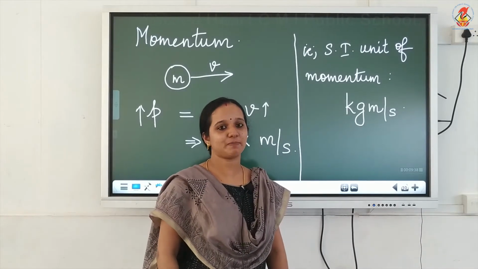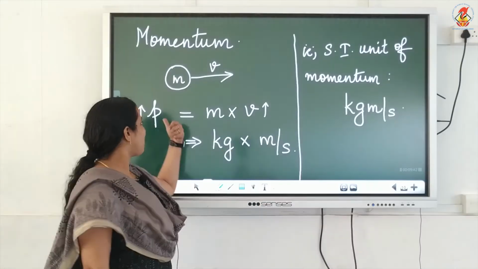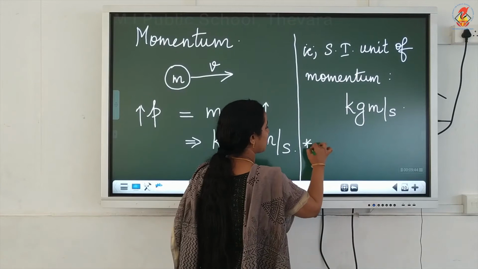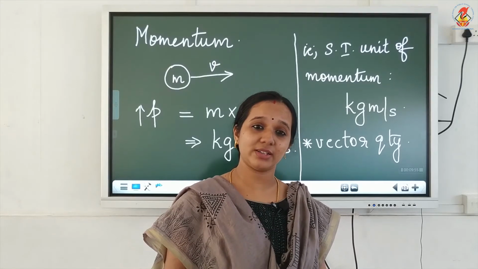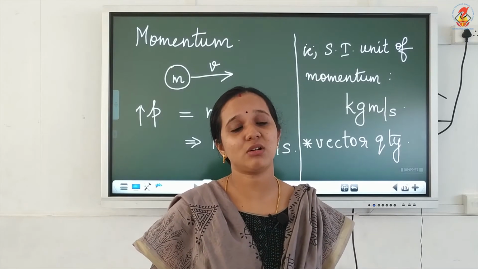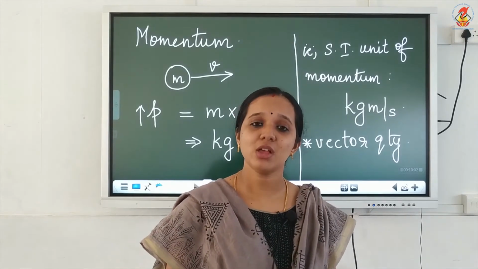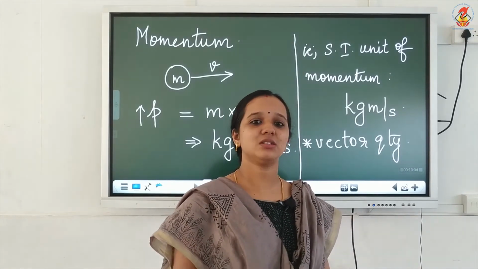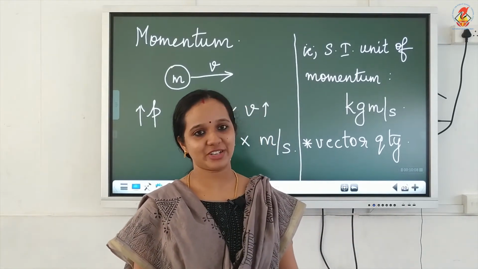Here, momentum is a vector quantity, that is, momentum depends upon its magnitude and on its direction. Momentum has both magnitude and direction, so momentum is a vector quantity.